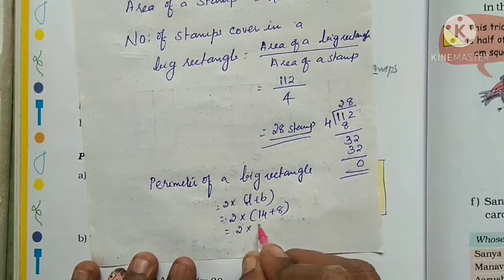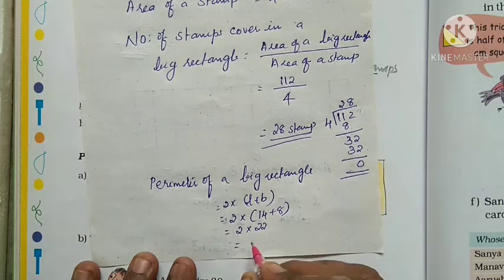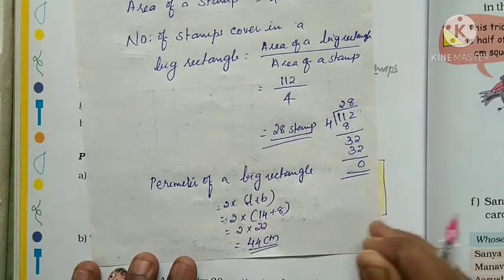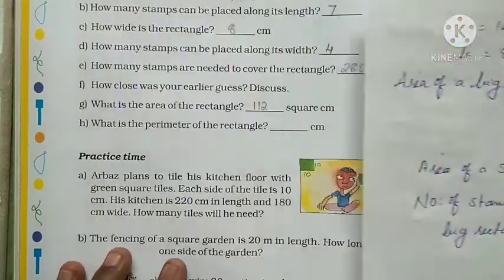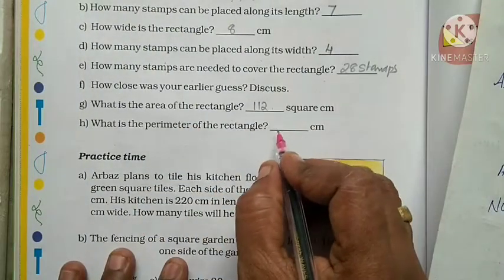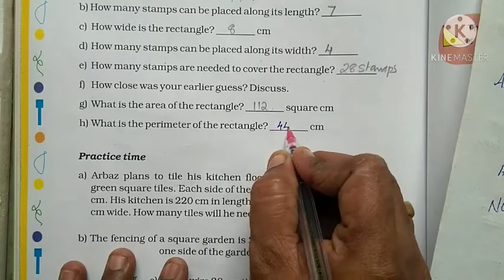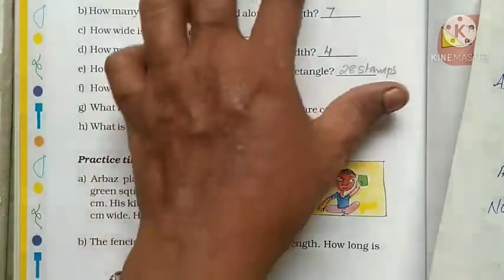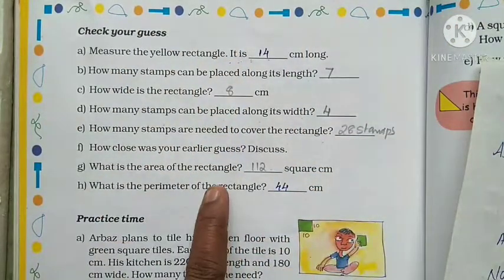So 2 into 22, that is 44 centimeter is the perimeter of the big rectangle. Understand? So you can write these answers in your textbook. All of you understand this question?